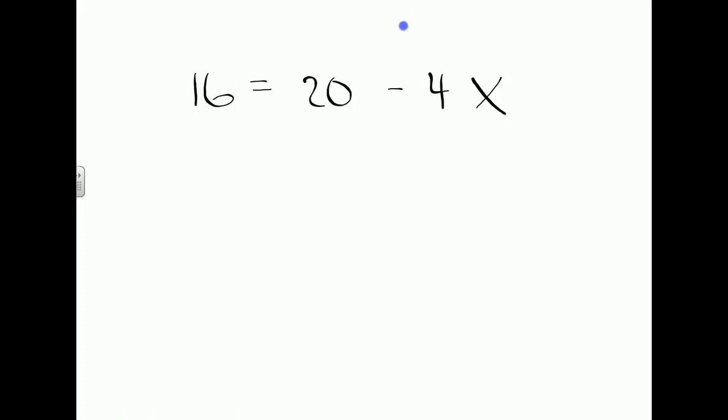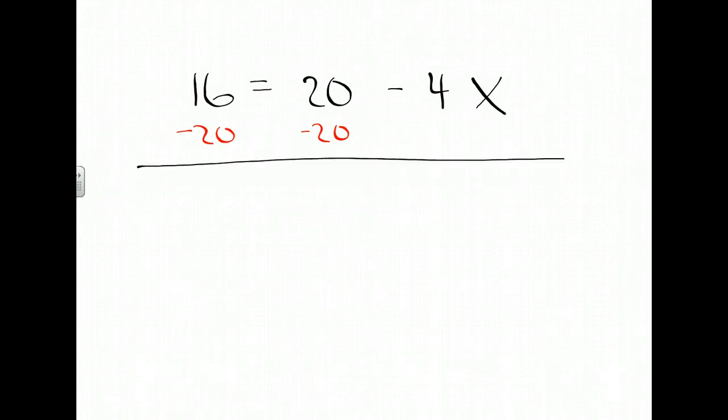What's the first thing that you would do? Subtract the 20. Good. So I'm going to subtract the 20 from both sides. Now over here I'm left with negative 4 equal to negative 4x. You guys understand why you do that?